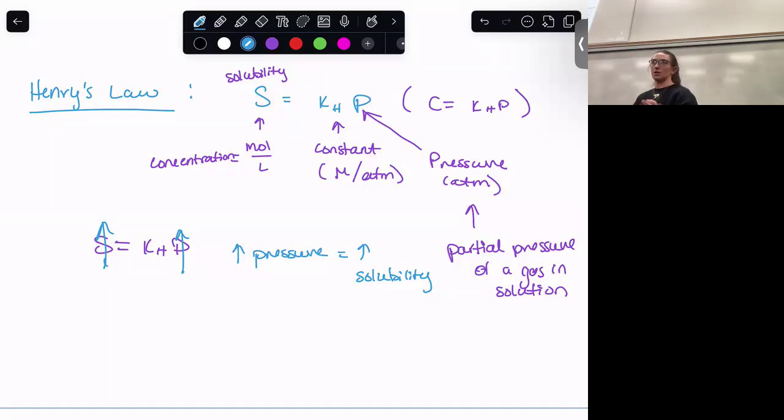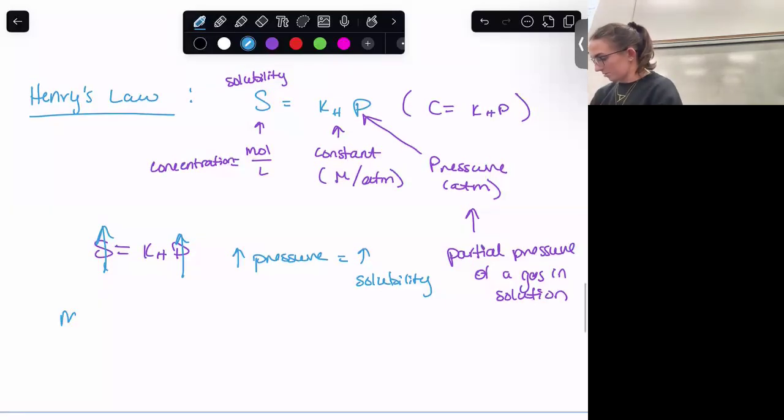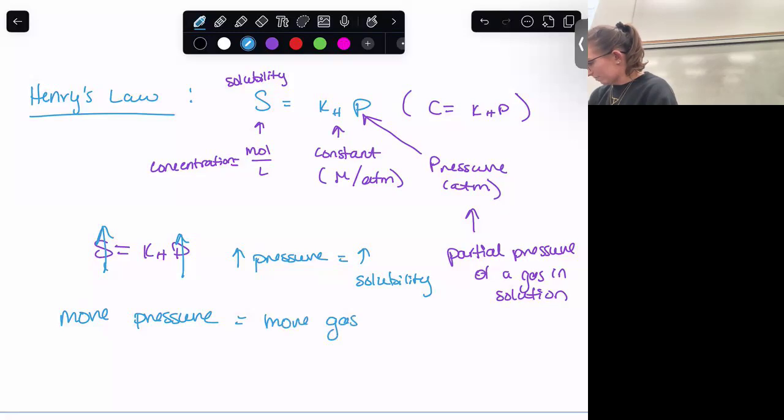Whereas if you were to go closer to sea level, then you're going to have more bubbles. So an increase in pressure increases the amount of bubbles in something. More pressure equals more gas particles dissolved.